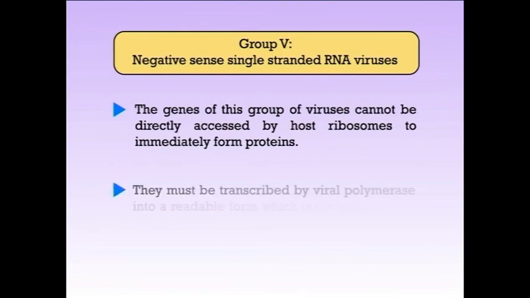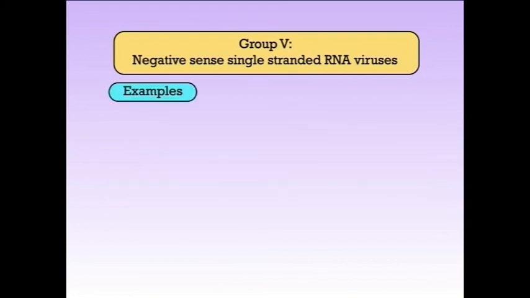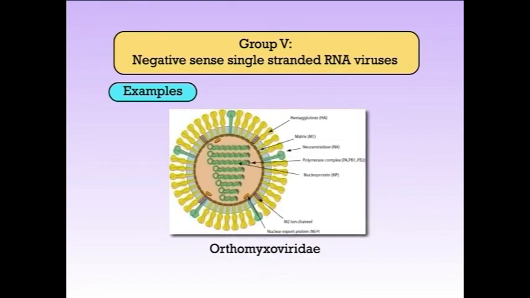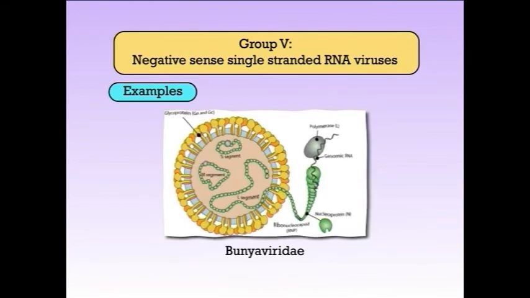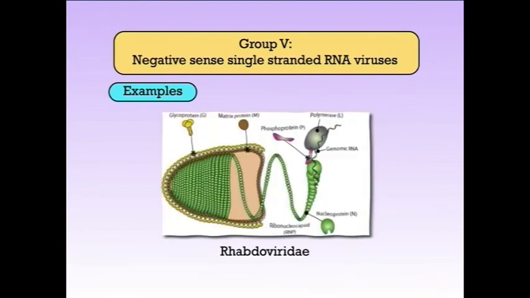So, they must be transcribed by viral polymerase into a readable form, which is the reciprocal of positive sense RNA. Arenaviridae, Orthomyxoviridae, Paramyxoviridae, Bunyaviridae, Filoviridae, and Rhabdoviridae are the families that come under this group.